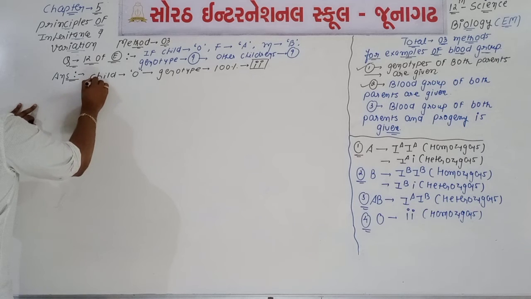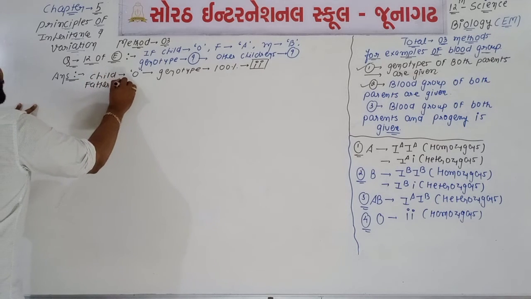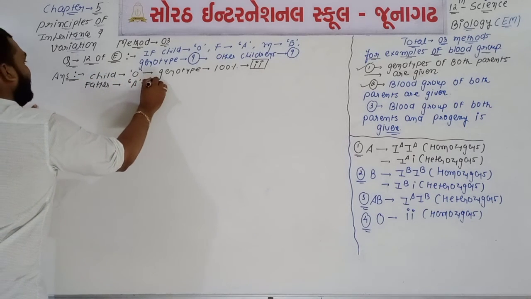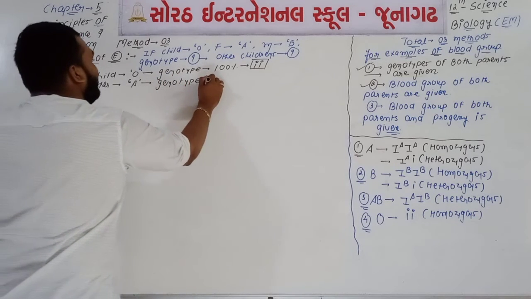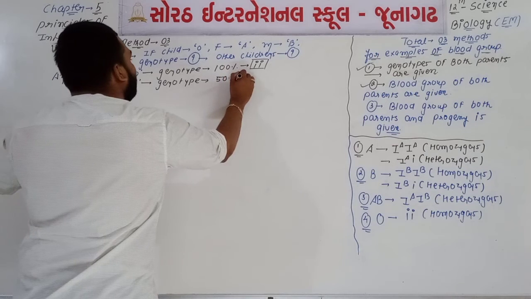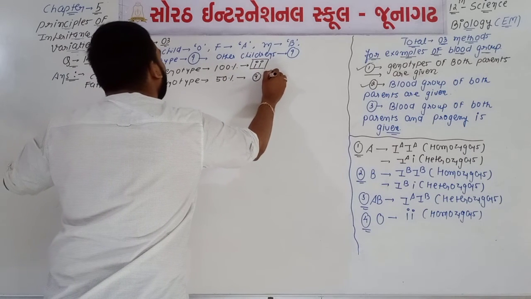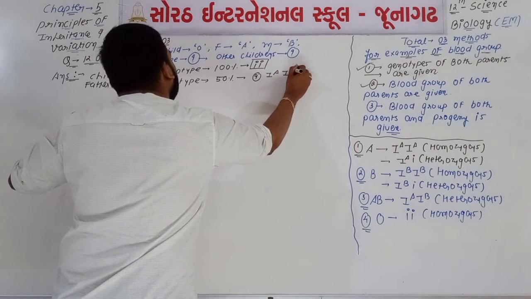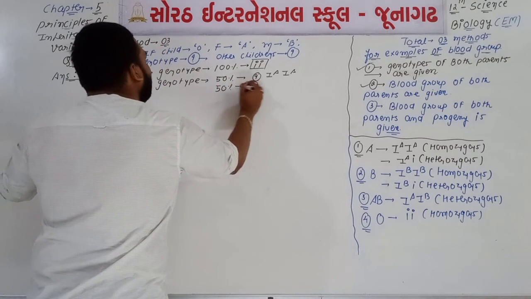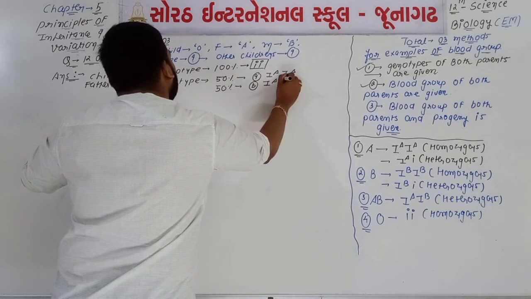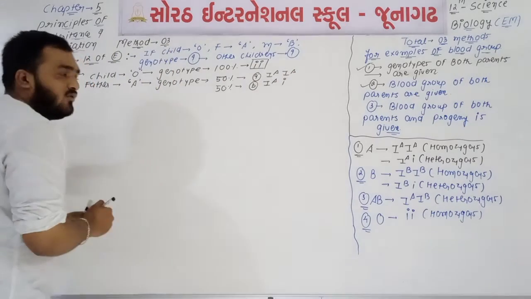If we talk about the father, the blood group of father is A. So for the genotype, 50% chances of IA IA and the remaining 50% chances of IA and small i. Got it?